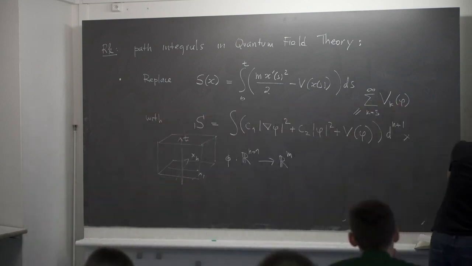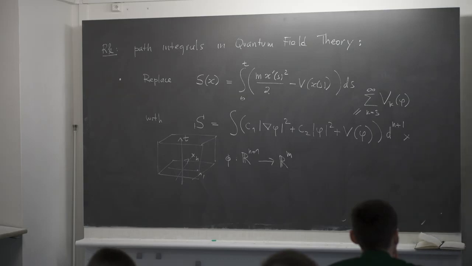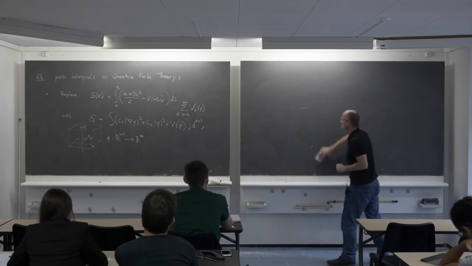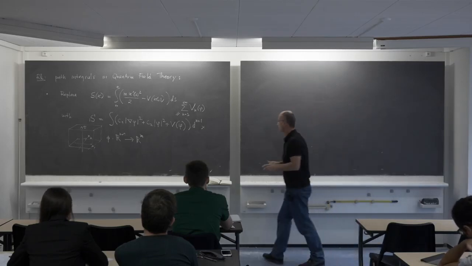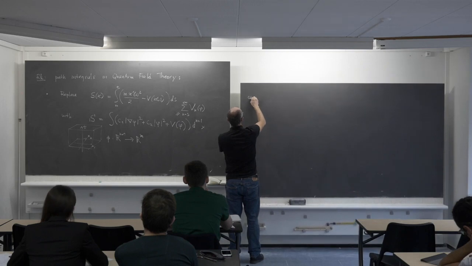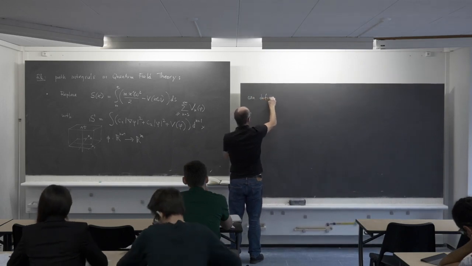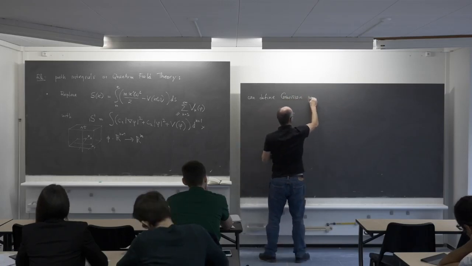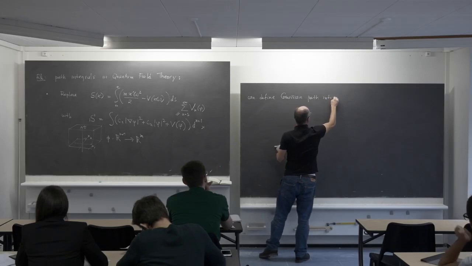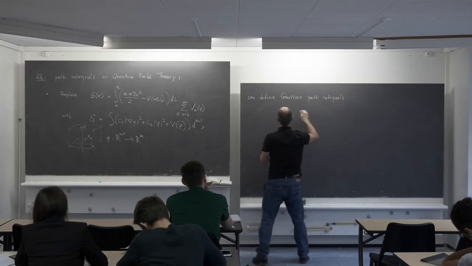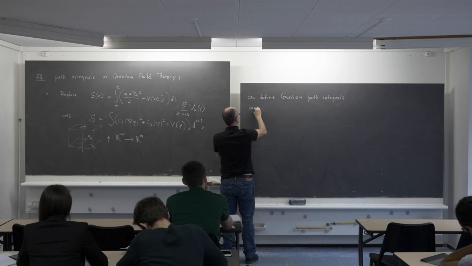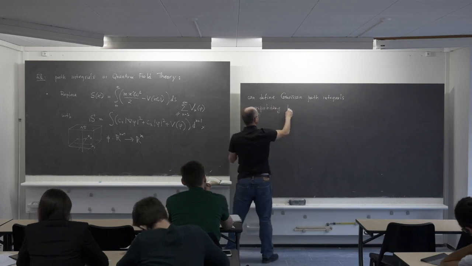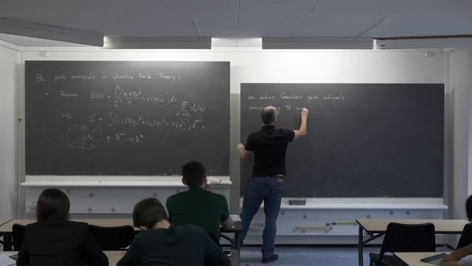Now what happens is that it turns out you can define Gaussian path integrals. For that, as you know, you need a quadratic form.